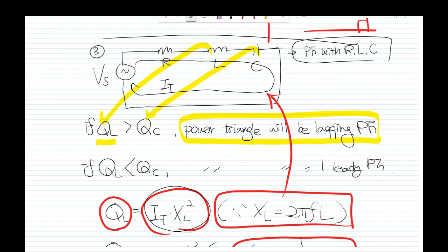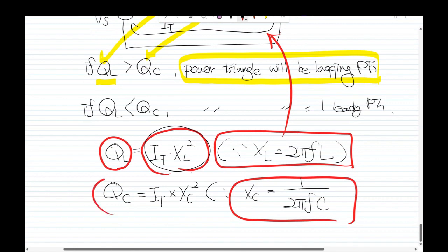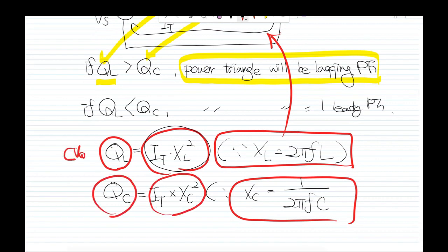So for this case, you have to find Q sub L and Q sub C. How can we find Q sub L and Q sub C? There's the reactive power, the unit VAR, right? So Q sub L is I sub T squared times X sub L, and Q sub C is equal to I sub T squared times X sub C.